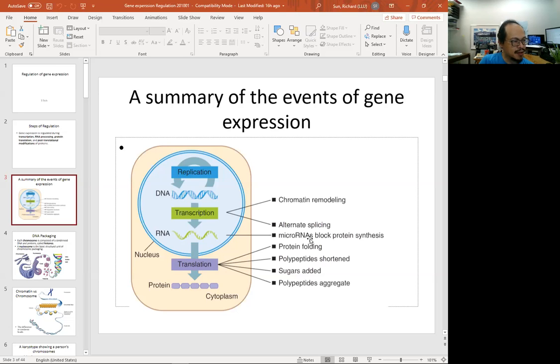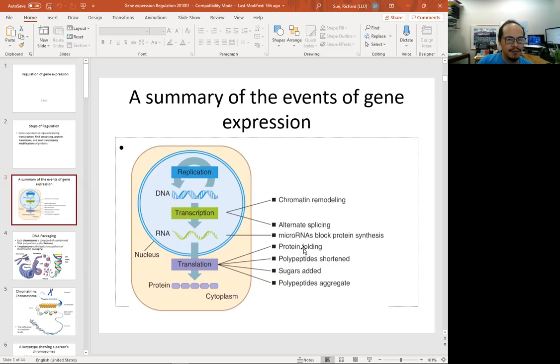That's the microRNA. So now you learn one new word, microRNA, right? That's a type of RNA, but pretty short. Its function is to conduct the brake, to say, no, don't do it. Come over here and stop the translation. After we have the protein, we can have several processes.